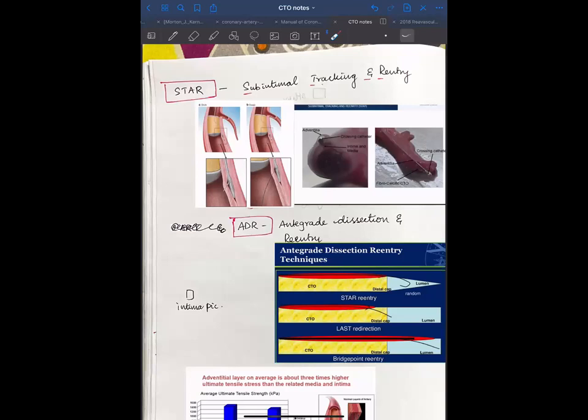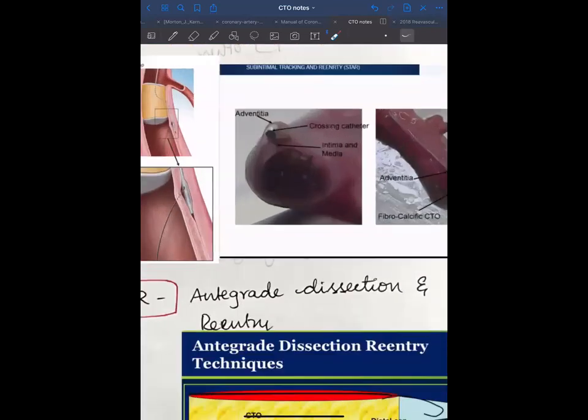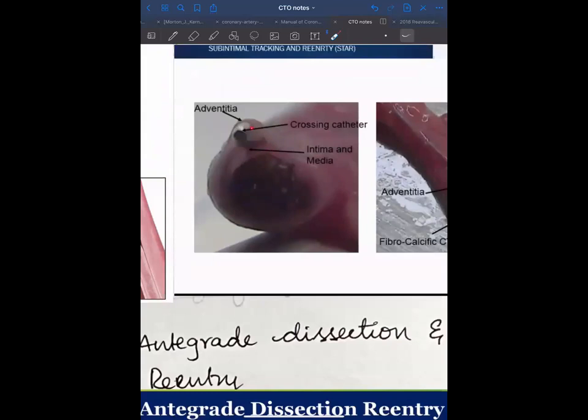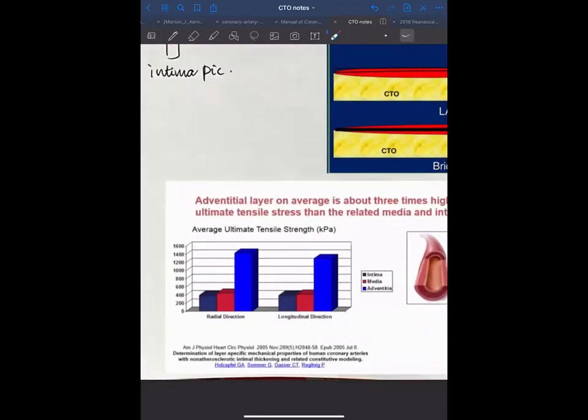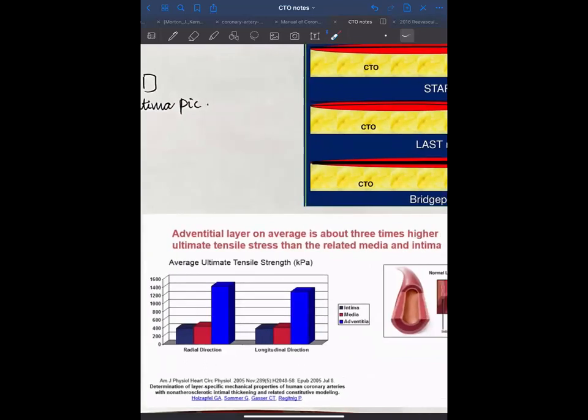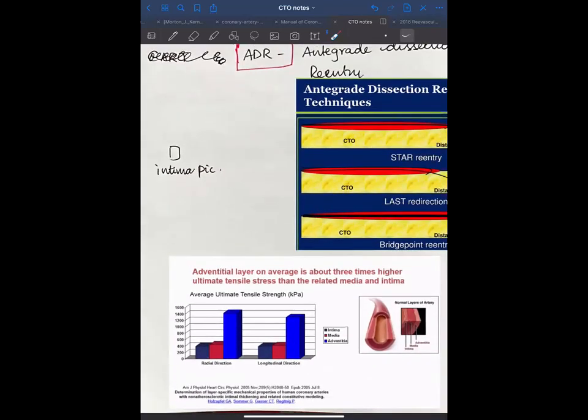Why have they come up with this? I just wanted to show this picture, which is interesting. This is how it would actually look in the specimen, where the crossing catheter is just subintimal. In this study, in the physiology article, they found that the adventitial layer, because of its elasticity, has on average at least 3 times the tensile strength of the media and intima.